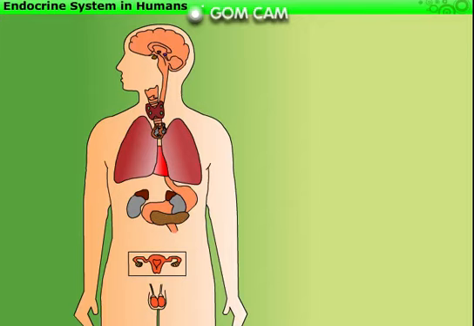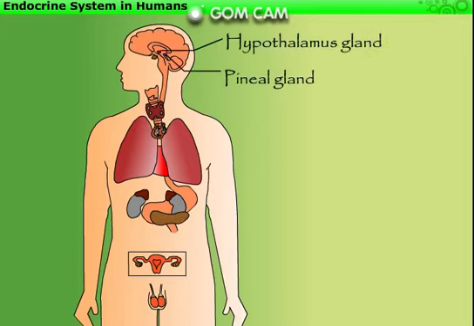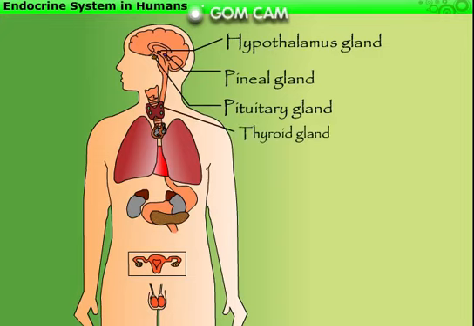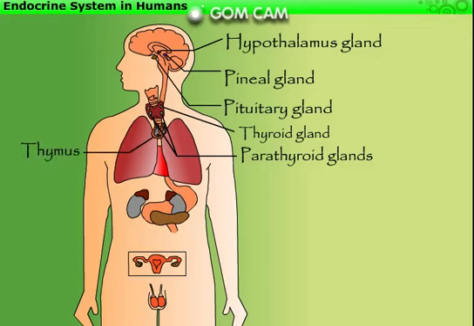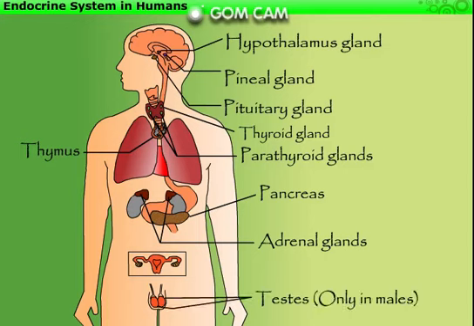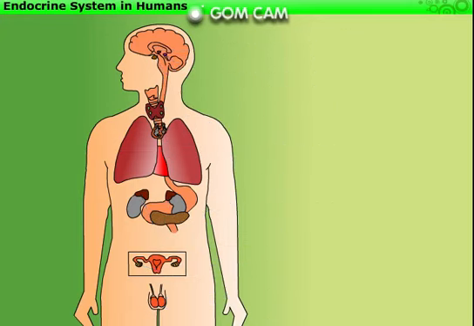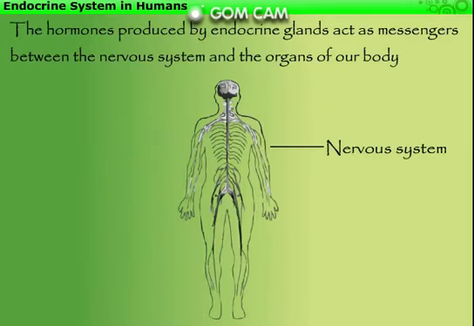They are the pineal gland, hypothalamus gland, pituitary gland, thyroid gland, parathyroid glands, thymus, pancreas, adrenal glands, testes, only in males, and ovaries, only in females. The hormones produced by endocrine glands act as messengers between the nervous system and the organs of our body.